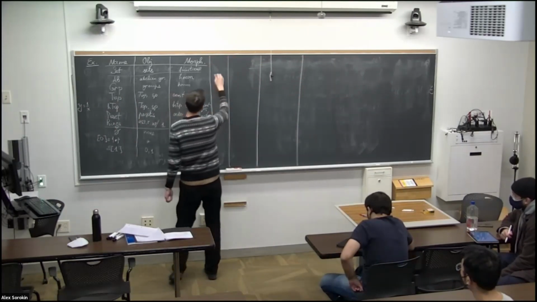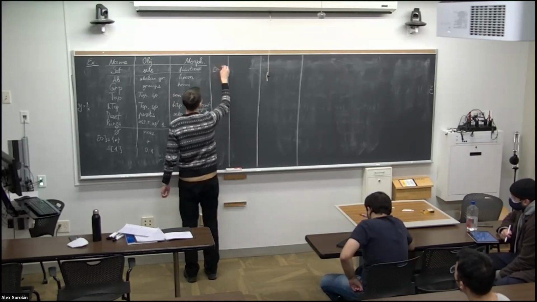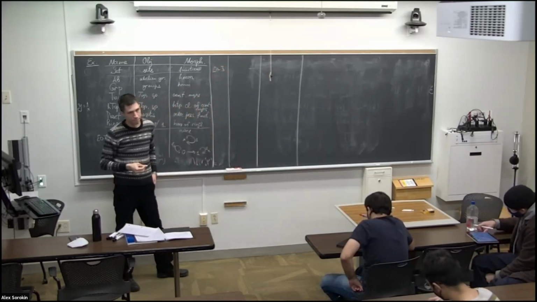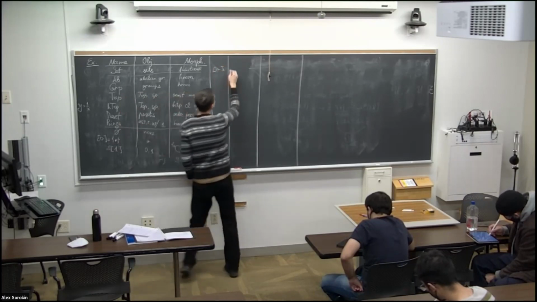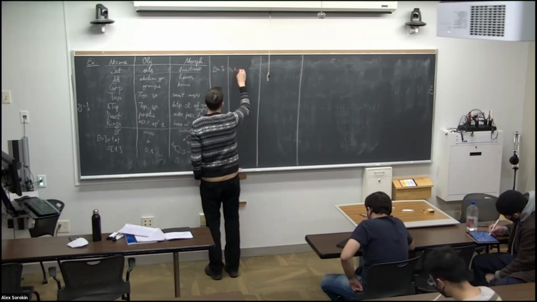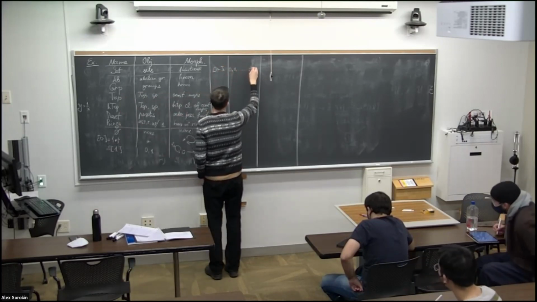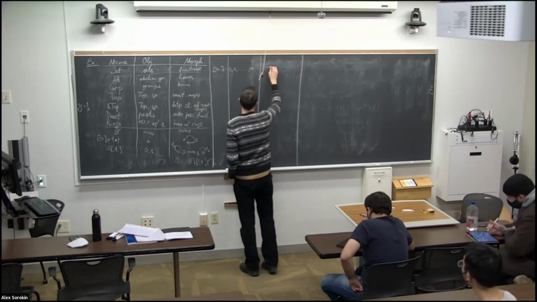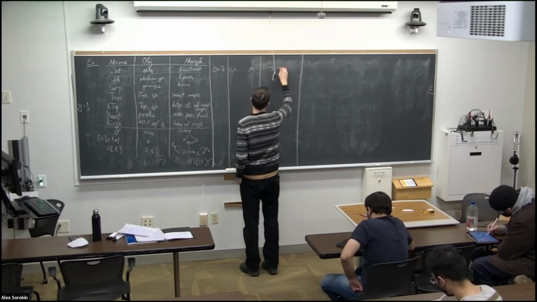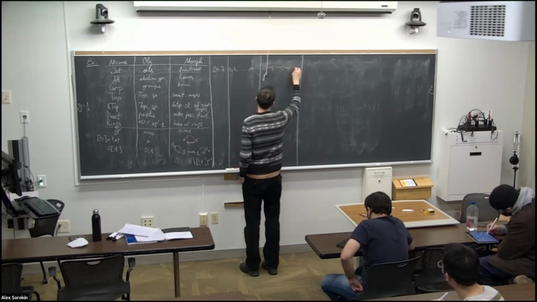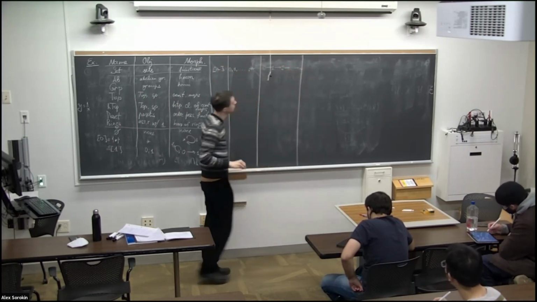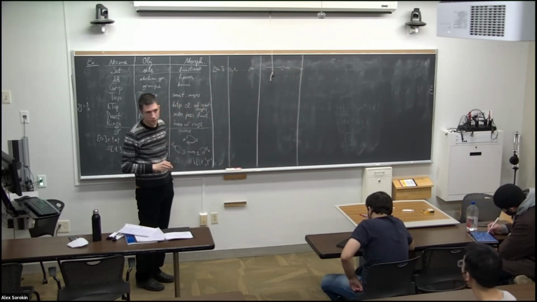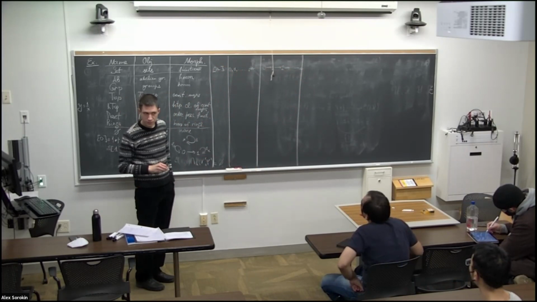Then we have the category N. In this category we have objects 0, 1, etc. to N. And we have arrows from 0 to 1, from 1 to 2, and so on to N. What I'm missing here are compositions.